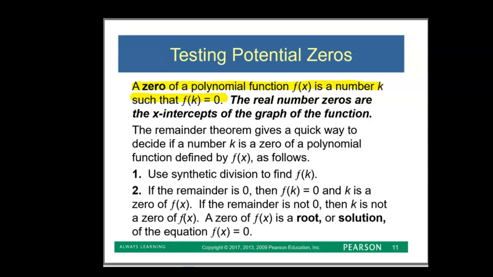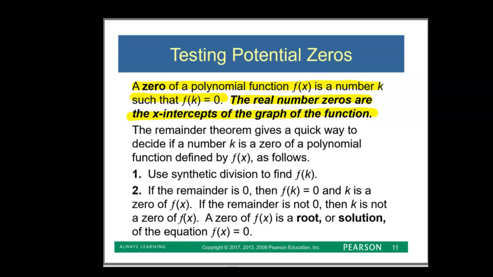Real number zeros are x-intercepts of the graph. So something to keep in mind is that a 0 is also called an x-intercept. And this is going to help us greatly as we graph polynomial functions.